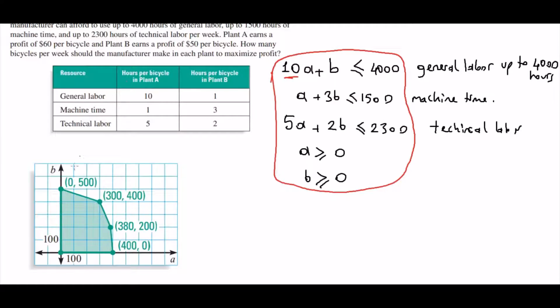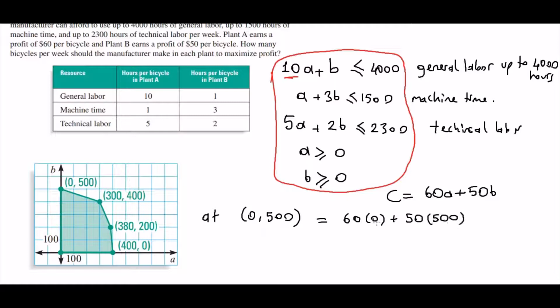So we have (0, 500). At (0, 500), our objective function, which is 60A plus 50B, will be 60 times 0 plus 50 times 500, which is going to be 25,000.